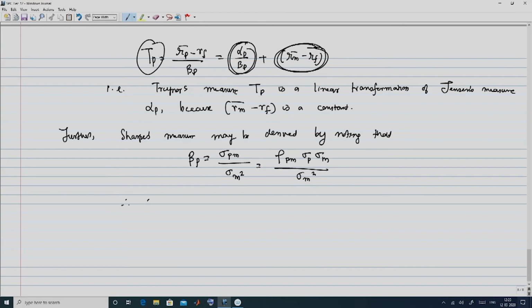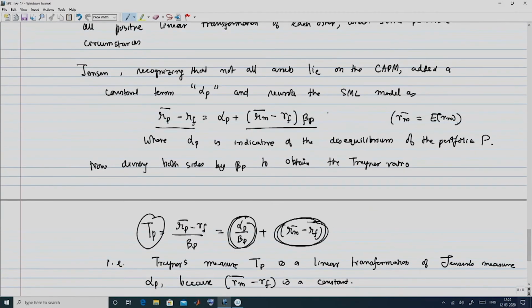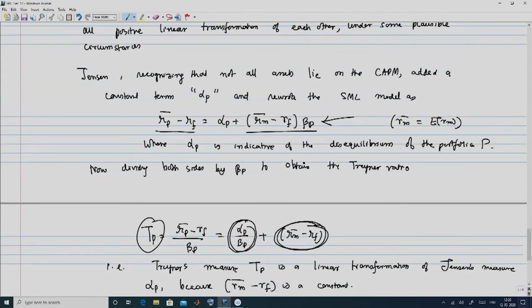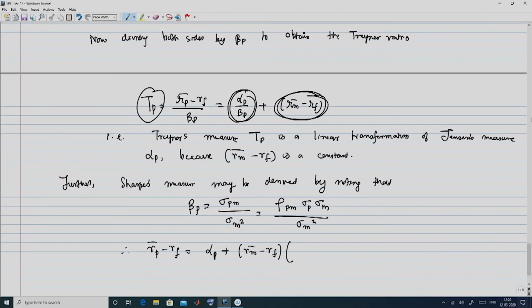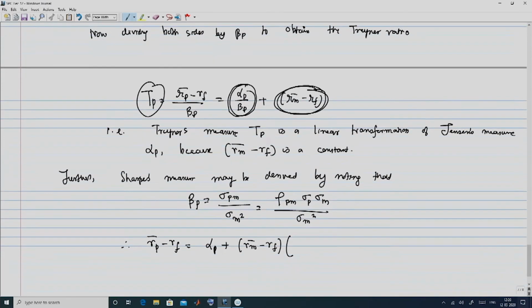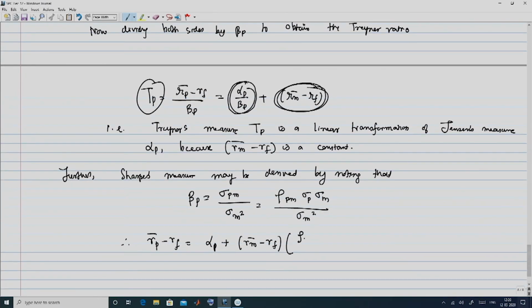So, therefore, we can have R p bar minus R f, which was given as alpha p plus R m bar minus R f, times this beta p. What I am doing is just replacing the value of beta p in the Jensen's alpha relation with rho p m sigma p sigma m over sigma m square.